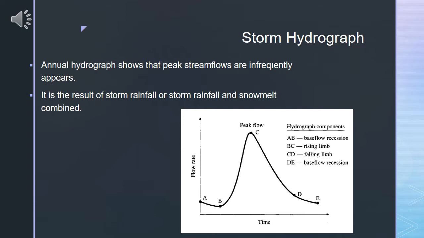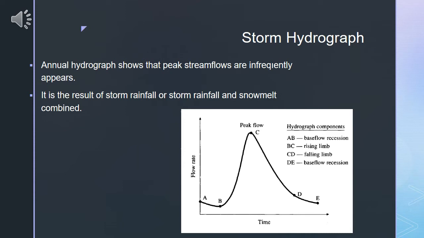We have flow rate versus time, and as you see, from A to B is called base flow recession, point B to C is the rising limb, C to D is the falling limb, and D to E is base flow recession again.